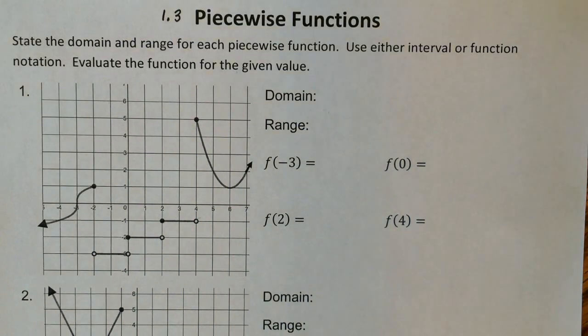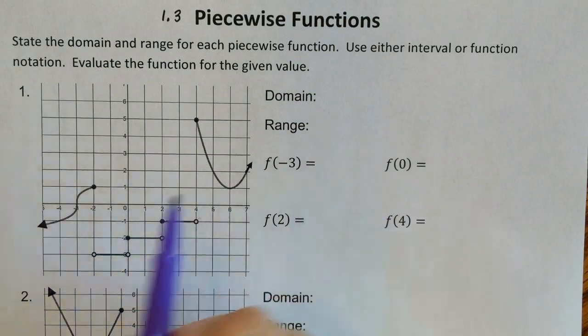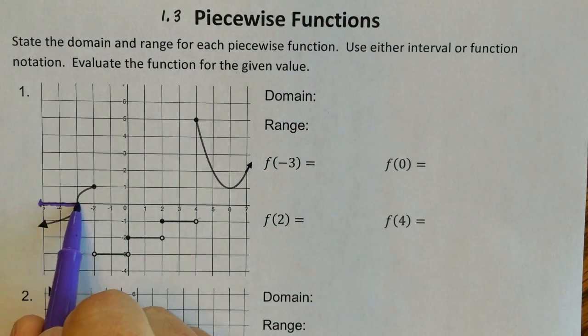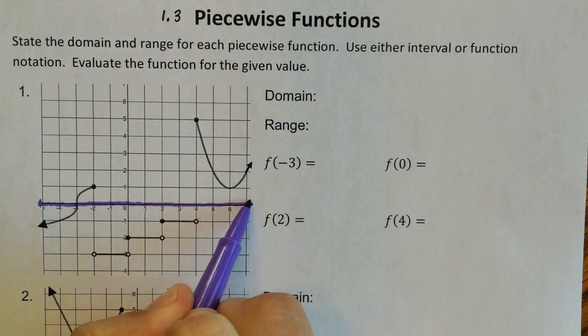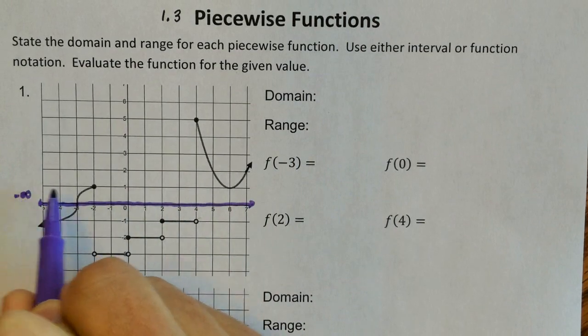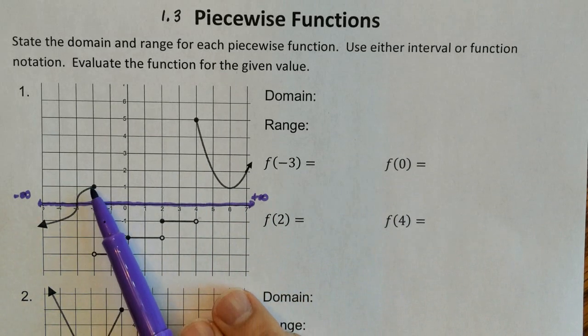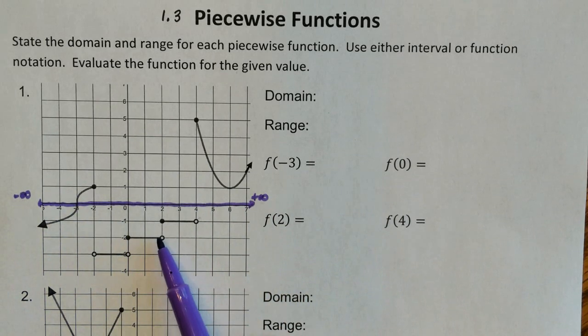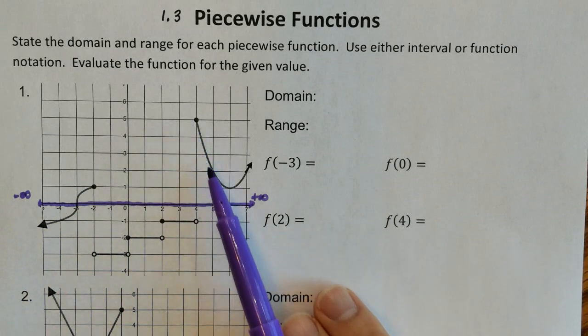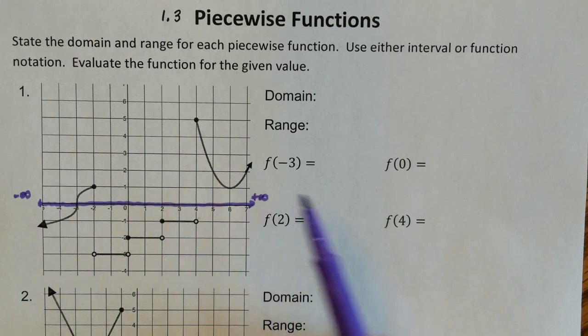Now, the first thing we want to be able to do is identify the domain. Remember, with the domain we are talking about all the x values as it goes across from negative infinity to positive infinity, and what you will see is that there are no gaps. You always have a piece of the function covering it from arrow to arrow.